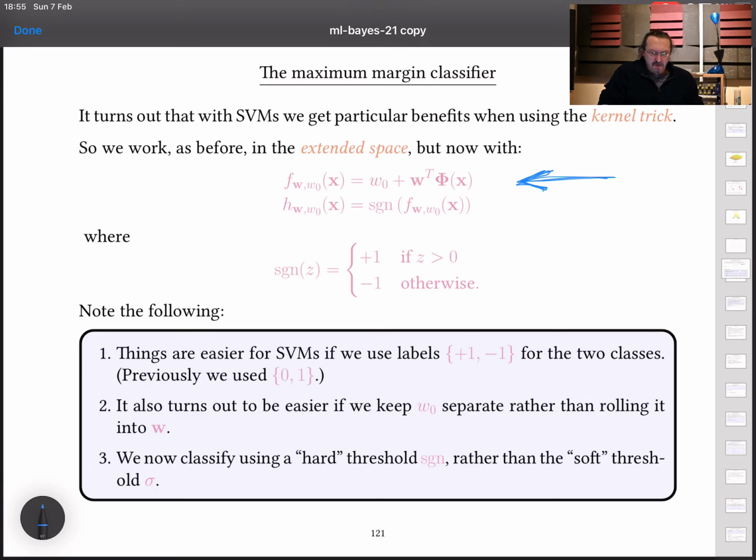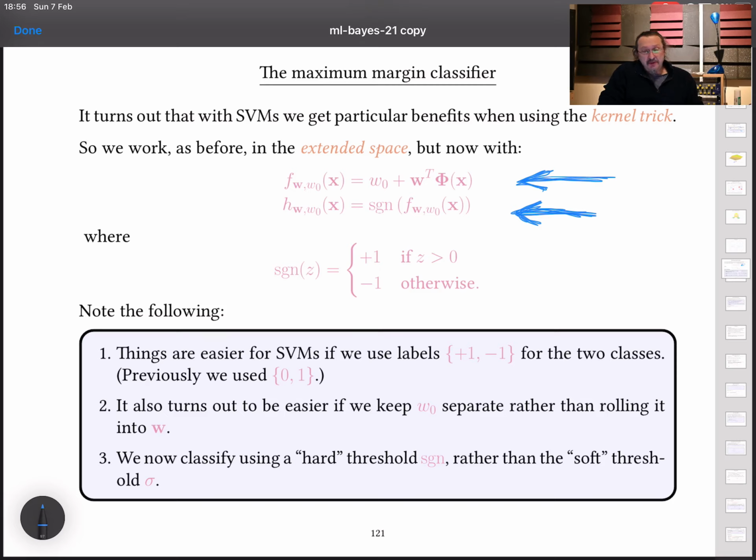Okay, so the activation function now, because we're kind of outside of the probabilistic context for a while, is just a hard step function that gives us +1 denoting the first class or -1 denoting the second class. It's no longer the smoothed off sigmoid, but it essentially plays the same role.